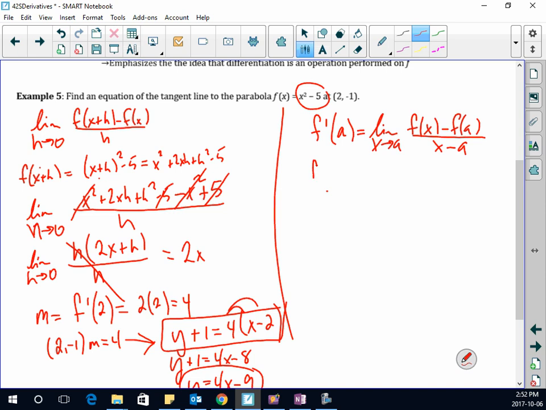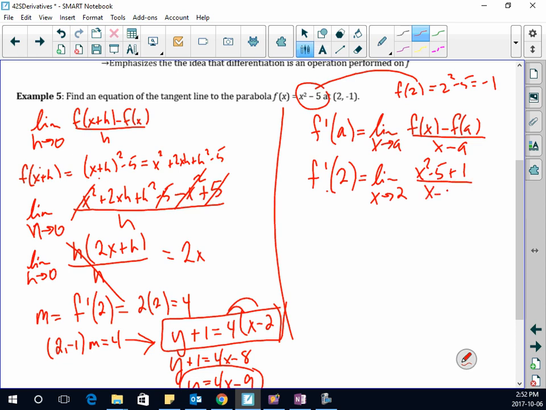So I get the limit as x goes to 2 of f of x, which is x squared minus 5, subtract, oh, I don't know what f of 2 is. Well, f of 2, plug it in, I get 2 squared minus 5, so that's negative 1. So that would be minus negative 1, so plus 1 over x minus 2. So I get the limit as x goes to 2 of x squared minus 4 over x minus 2.